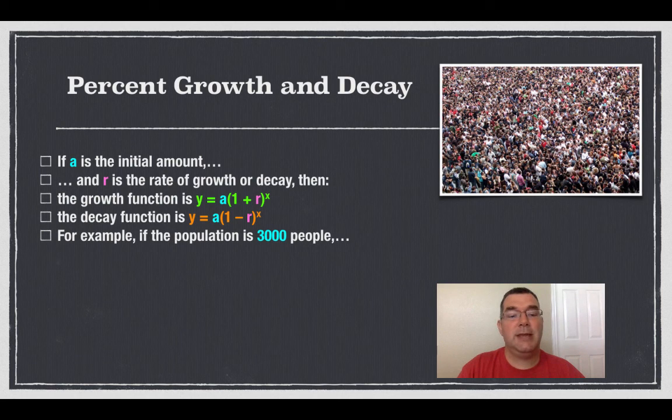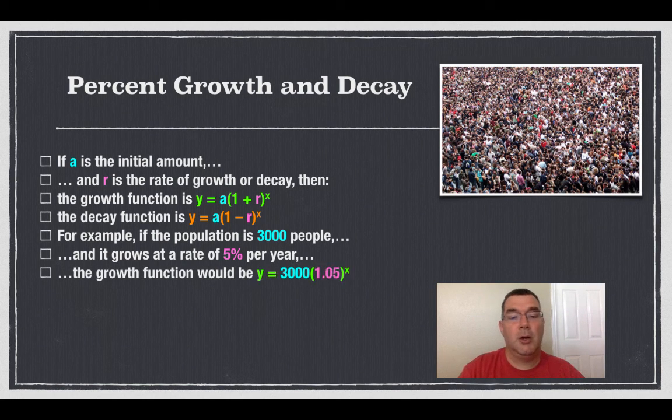Let's say the population is 3,000 people, and it grows at a rate of 5% per year. Well, then the growth function would be that 3,000, that's my A, and then 1 plus my rate would be 1 plus 5%, which is 1.05, and so that would be my growth function.